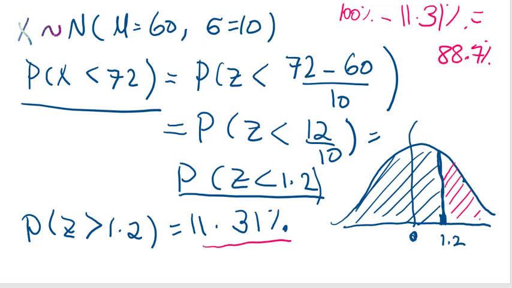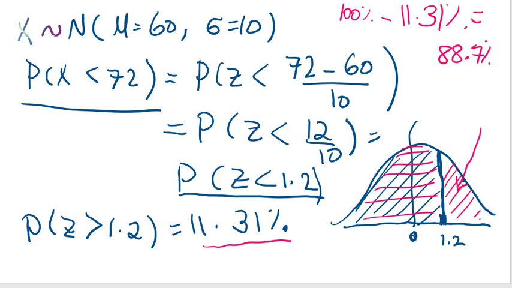So what did I do? From the Aaron and Aaron tables, I got this one, and then I subtracted it from 1, and I get the value that I wanted, which is 88.7%.